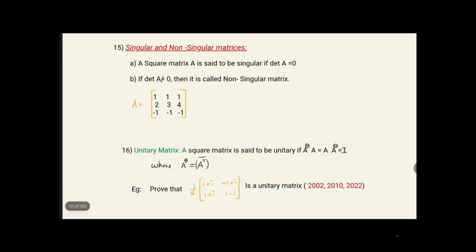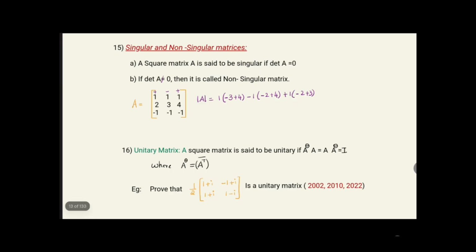So first write down the signs here, plus, minus and plus. Determinant A is equal to 1 into corresponding row and corresponding column, it becomes minus 3 plus 4. Next, minus 1 into minus 2 plus 4, plus 1 into minus 2 plus 3.